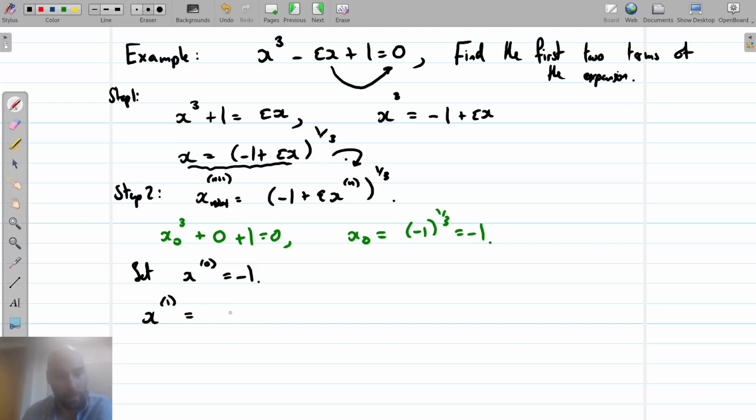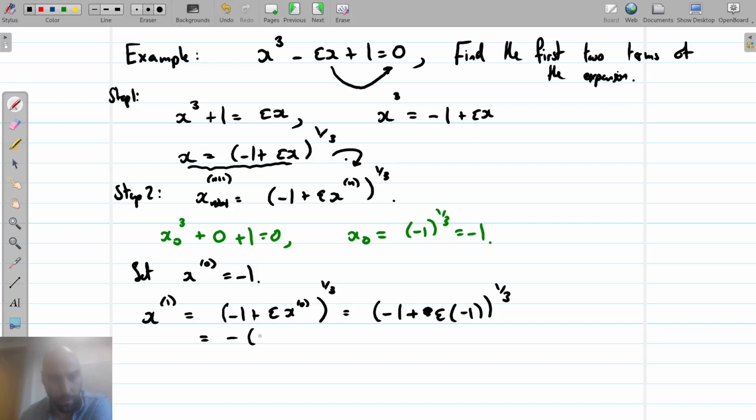So x1 is going to be equal to minus 1 plus epsilon x naught raised to the power of a third. We know what x naught is, so that's minus 1 plus epsilon times minus 1 raised to the power of a third. You can take the minus 1 out of all of it. So we're going to get 1 plus epsilon to the third. And that's your x1 term.